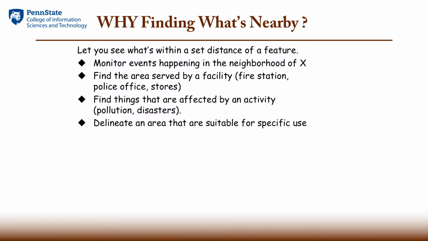In geography, we know there's what we call the first law of geography, stating that all things are related in the world, but those things that are nearby are more related than the things that are remote, distant apart.